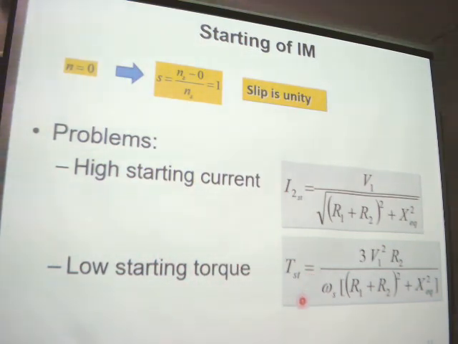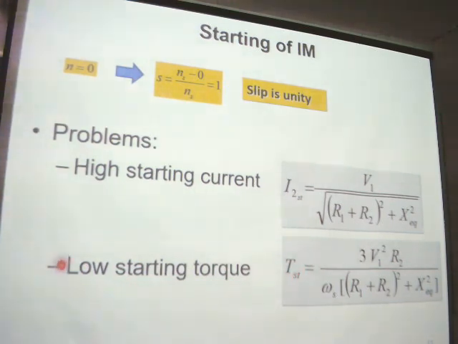And also we see the torque equation. It's similar. So the R1 plus R2, the resistance is small, but we also have the R2 here. So the torque is low.